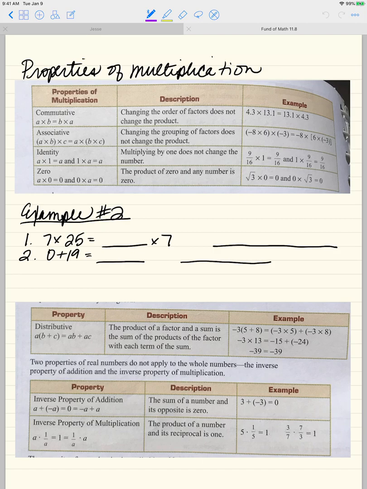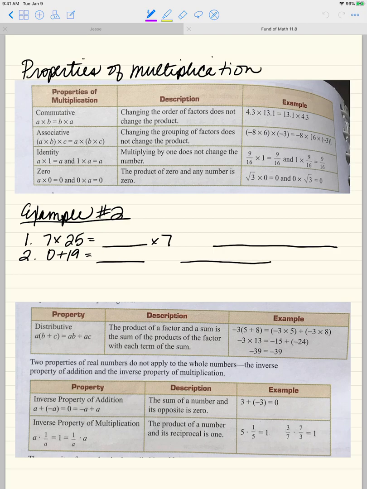And then we also have a 0 property of multiplication. Don't get that confused with the identity property of addition that uses a 0. The 0 property of multiplication means that no matter what we multiply by 0, the product is 0, okay?